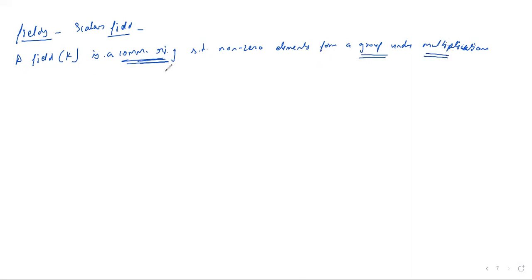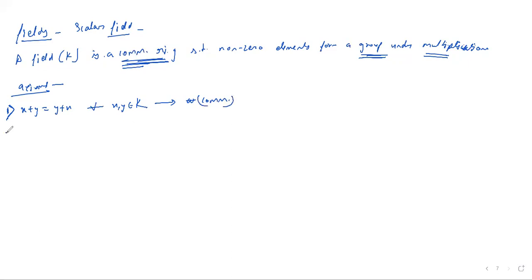So by this definition, if I write out the axioms for the commutative ring and the group under multiplication, we get the following axioms for a field. First is x plus y equals y plus x for all x, y belonging to the field K, the property of commutativity.